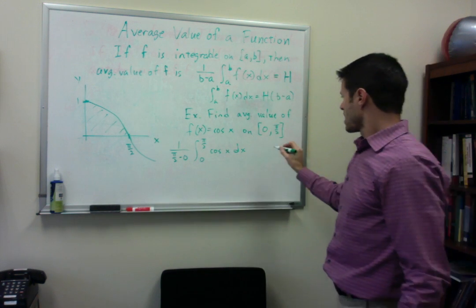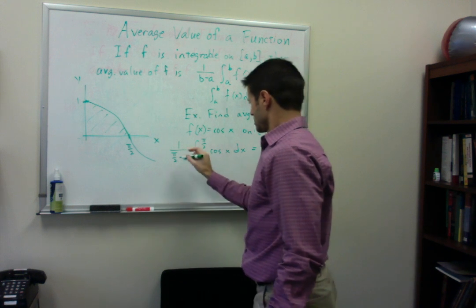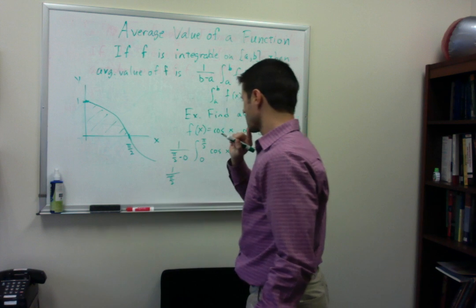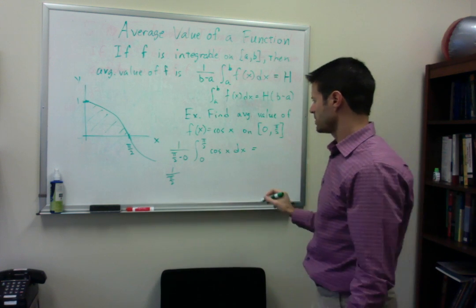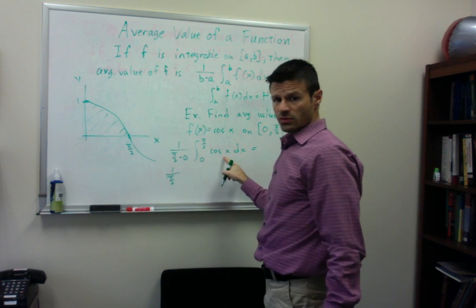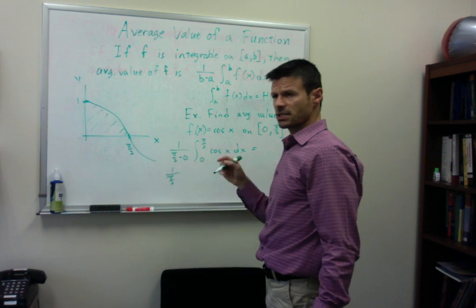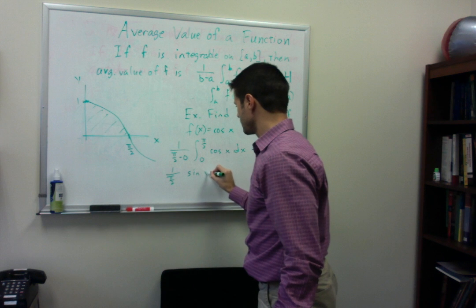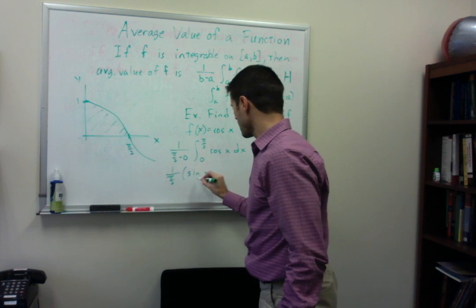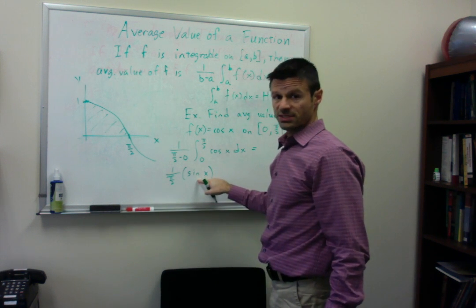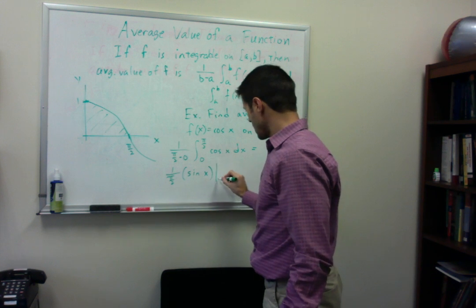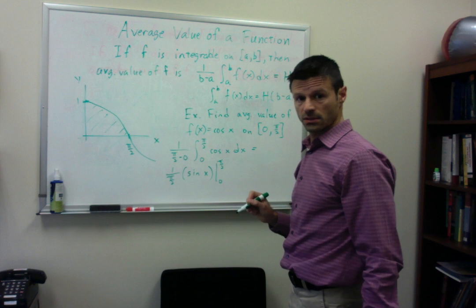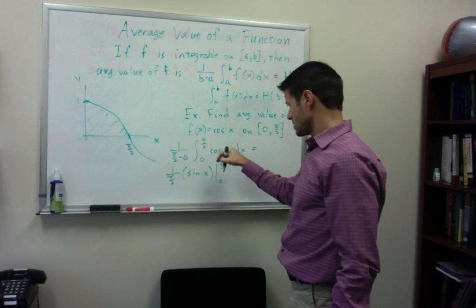Okay, so this equals 1 over pi over 2, which we'll simplify in a moment, times the antiderivative of cosine x. So I know it's sine x, we don't need a sign change, right? It would just be sine of x, since the derivative of sine of x is cosine x. Okay? I would set up to use the fundamental theorem of calculus with these limits of integration.